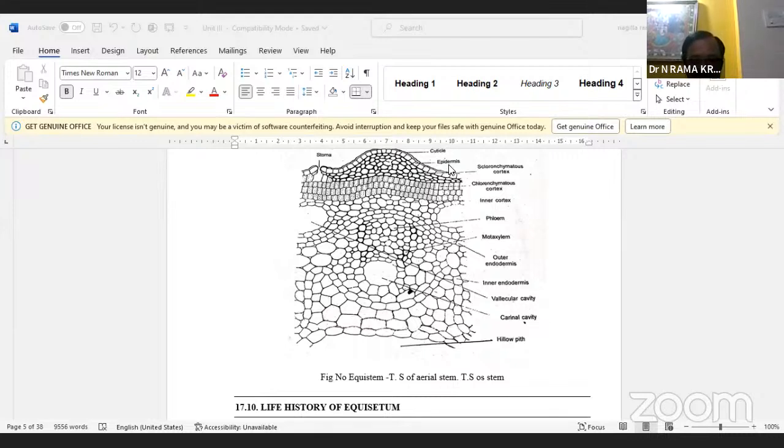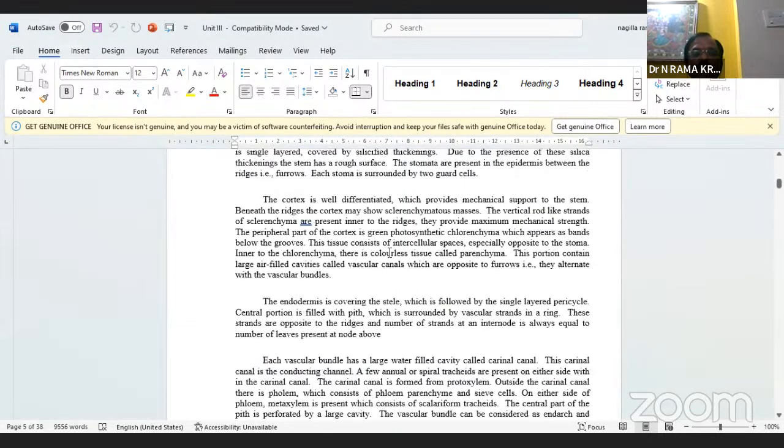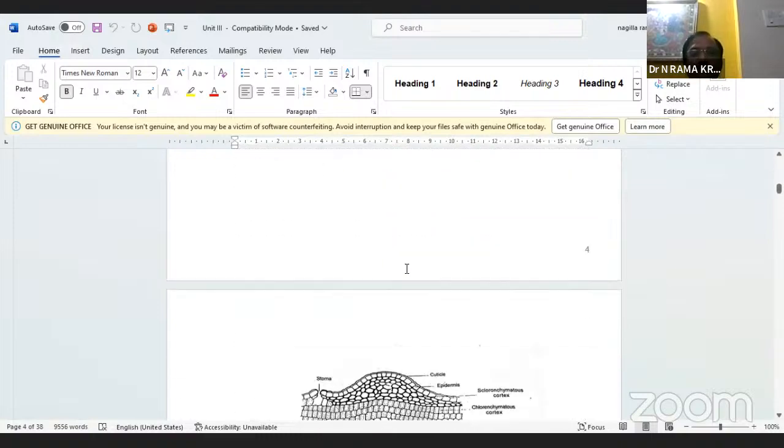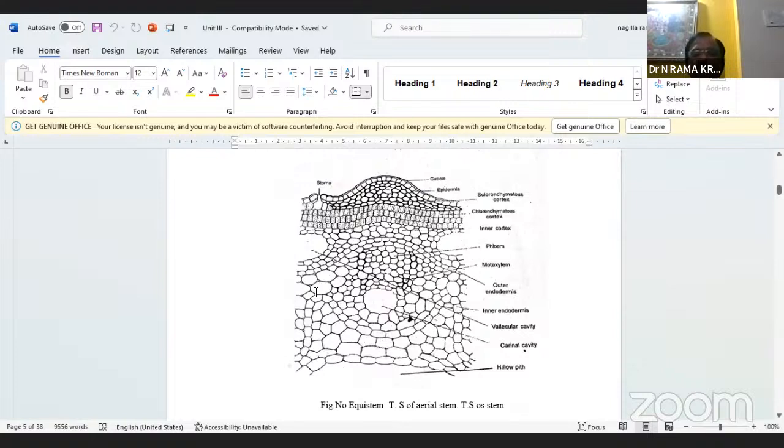The stele is a well-defined ring, with small vascular bundles arranged in a ring outside the pith. Now you see here, this center part is the pith. So this is totally the stele also we are looking at in this one.